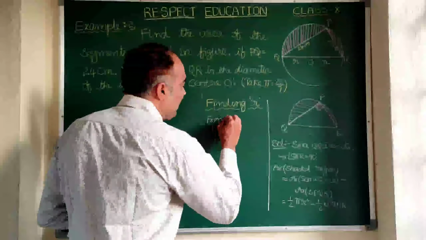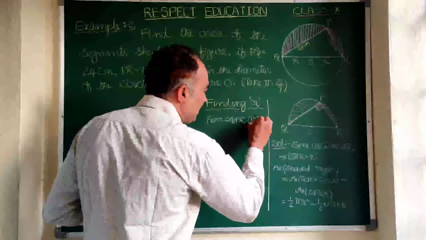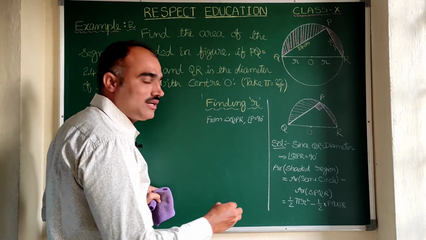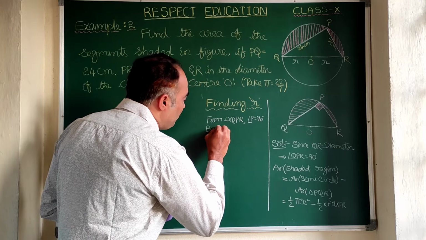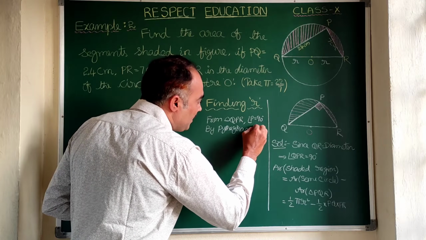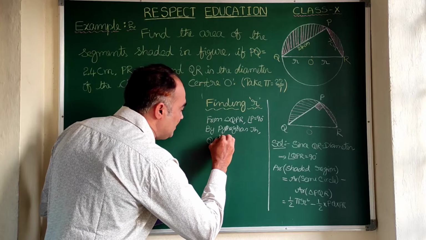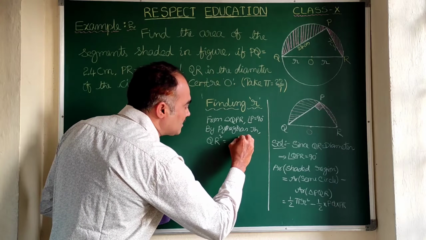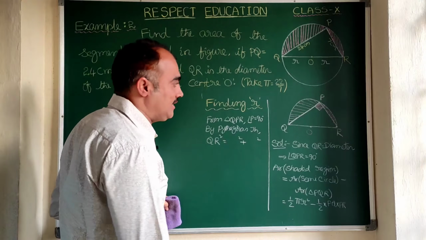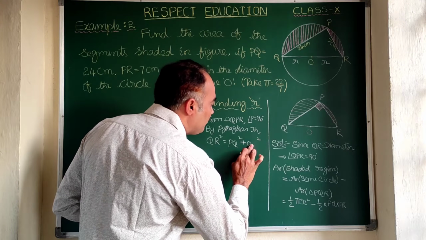From triangle QPR, where angle P is equal to 90 degrees, let us apply the Pythagoras theorem. By the Pythagoras theorem, the square of the hypotenuse, that is QR square, is equal to the sum of the squares of the other two sides. The other two sides are PQ and PR.